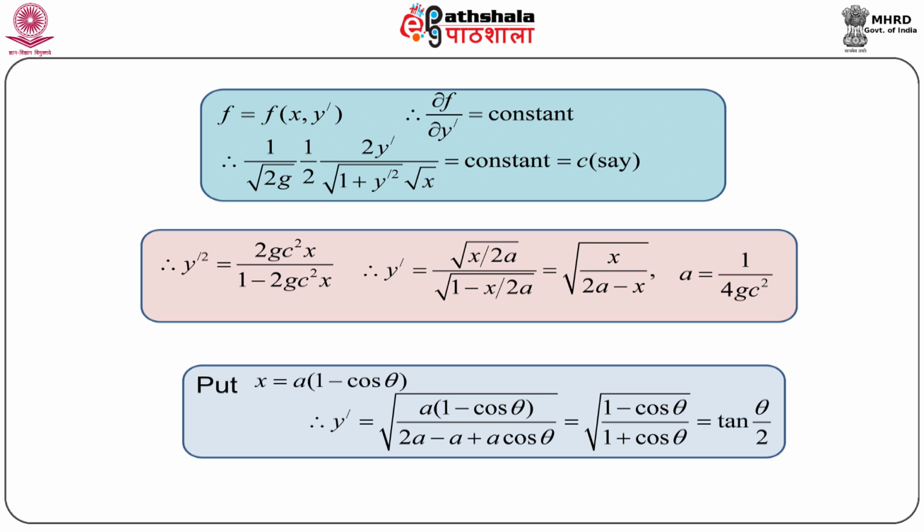So, d d theta of y is given by this. On simplification, this gives this one. This can be written as this one with a formula.